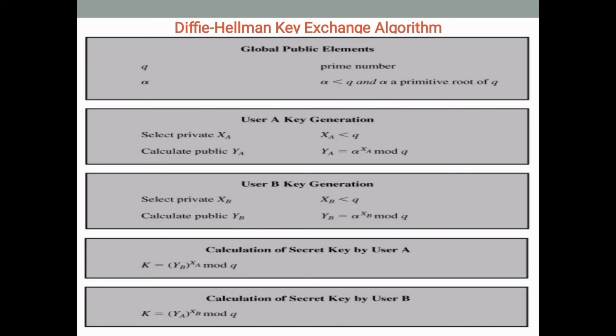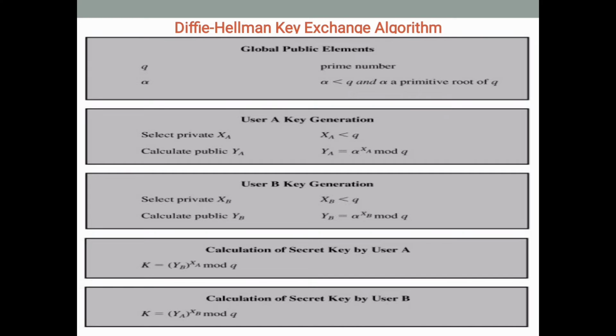From this private key we can calculate the public key, and it is YA equal to alpha power XA mod q. This is the formula for calculating a public key. User A can create the public key from this formula.